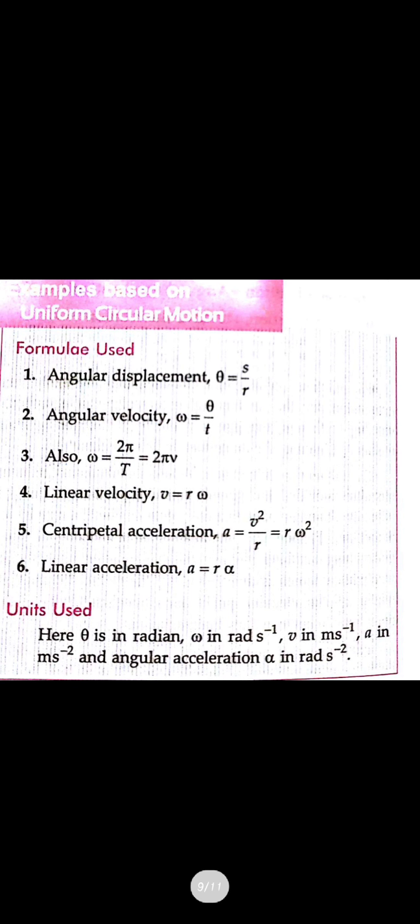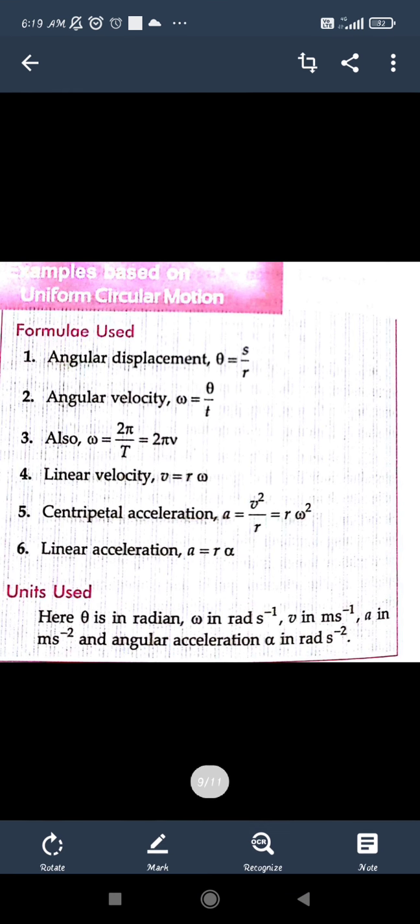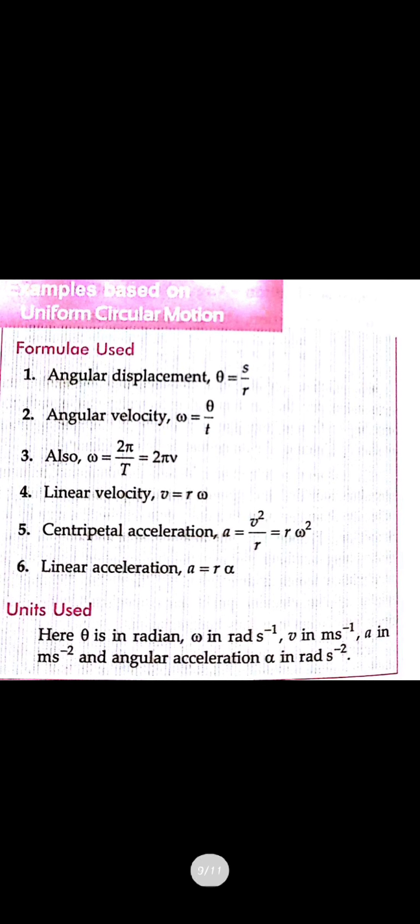These are the formulas which will be used in this chapter for the numericals. First, angular displacement theta is equal to s upon r, and angular velocity omega is the rate of change of angular displacement with respect to time. Similarly, omega is equal to 2 pi by t, and 1 by t is frequency, given by the letter nu, so it will be 2 pi nu.